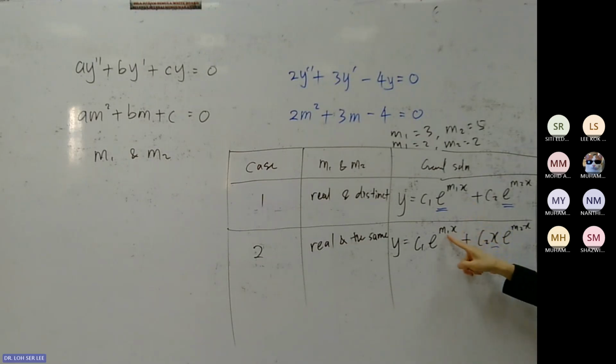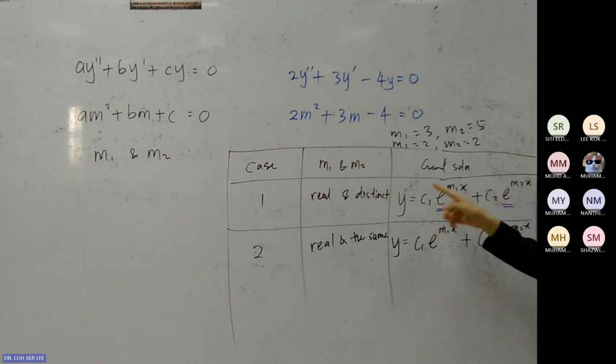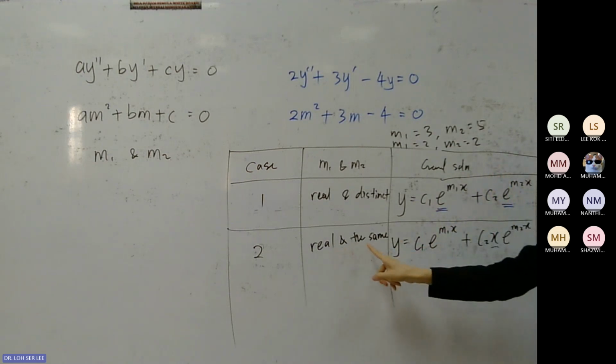If these two values are the same, for example, your y1 is e^x, your y2 is e^x, then your y1 and y2 are no longer linearly independent. Remember what you have learned just now? Your y1 and y2 must be linearly independent. So that's why we can't use this formula for the case of real and the same.